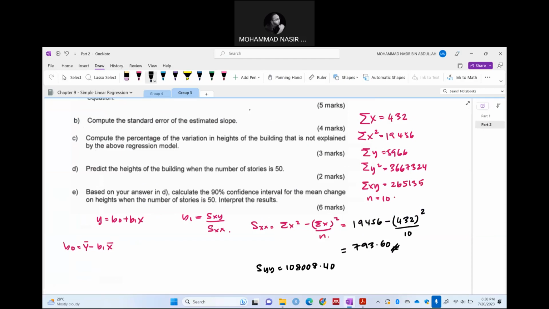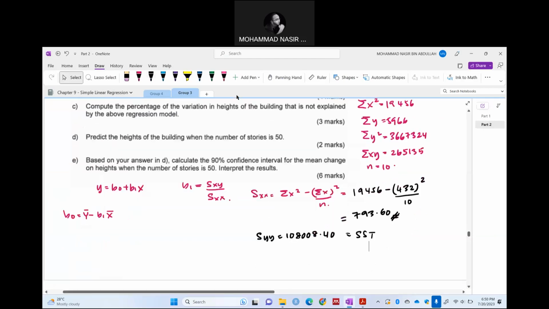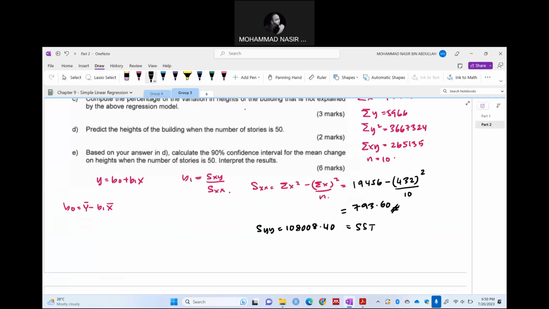So this is based on SST, right? And next one is Sxy.